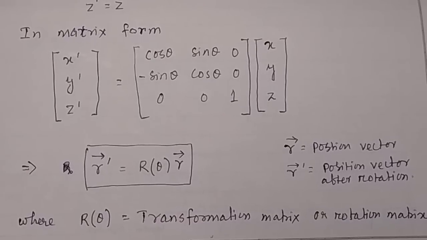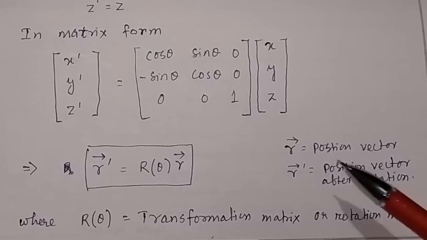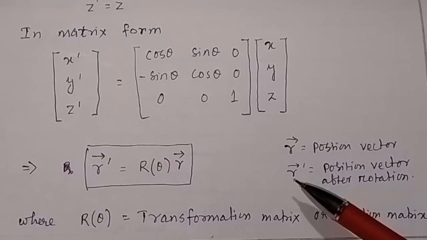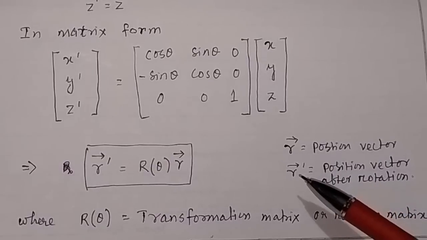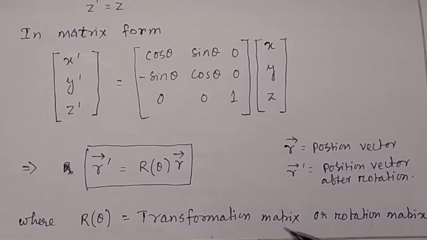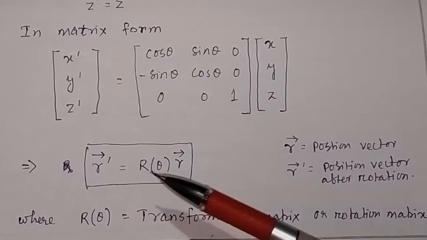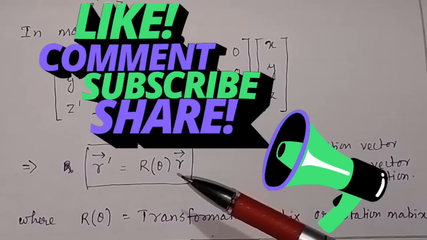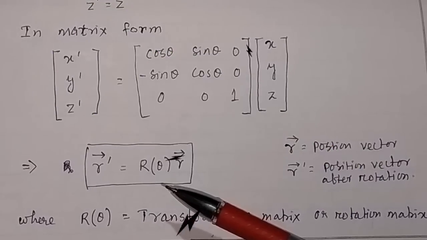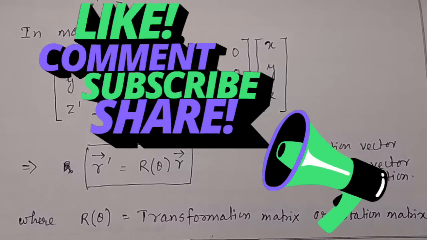The position vector will change, but the magnitude of vector r will be equal to the magnitude of vector r prime. The magnitude will remain the same, but the vector will change. And how they are related, you have to prove it. The relation is r prime is equal to R theta into r, where r prime is the position vector after rotation, R theta is the transformation matrix or rotation matrix, and r is the position vector. This is a very important question.